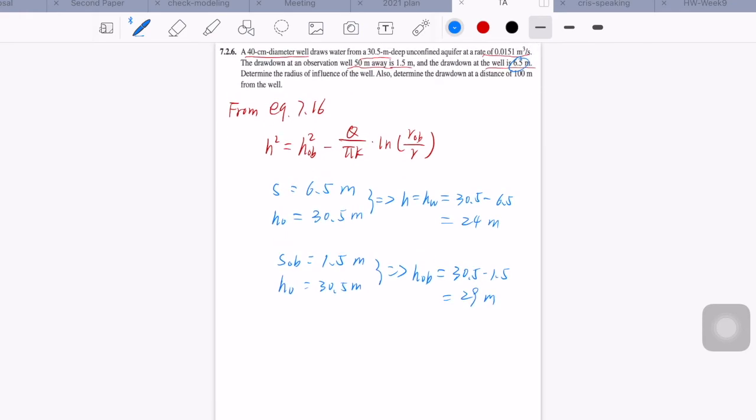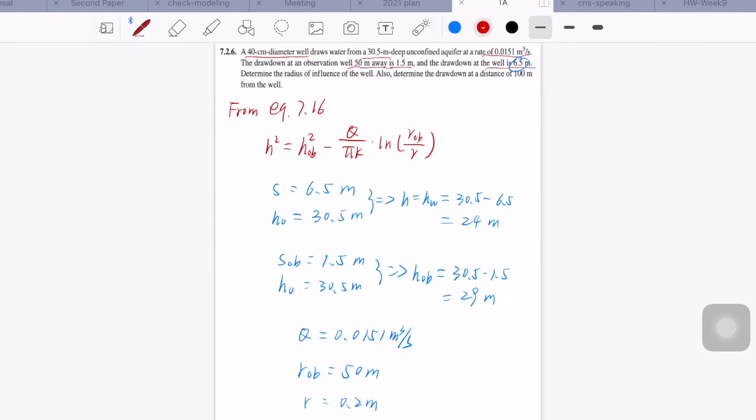And we know Q equals 0.0151 cubic meters per second, RB is 50 meters, and R is 0.5 meter.